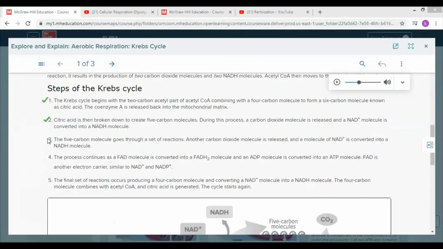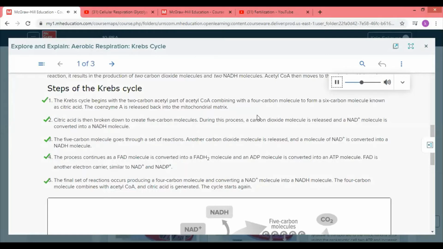Steps of the Krebs cycle. Let's see what the steps are, or what the products are in the matrix. The Krebs cycle begins with the 2-carbon acetyl part of acetyl-CoA combining with a 4-carbon molecule to form a 6-carbon molecule known as citric acid.